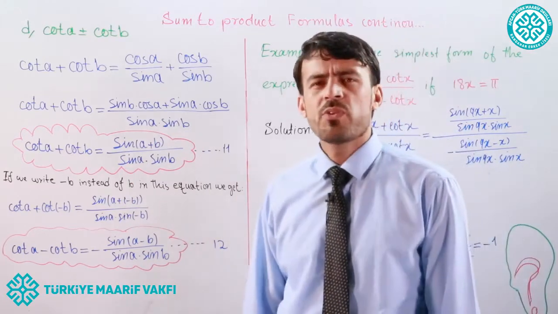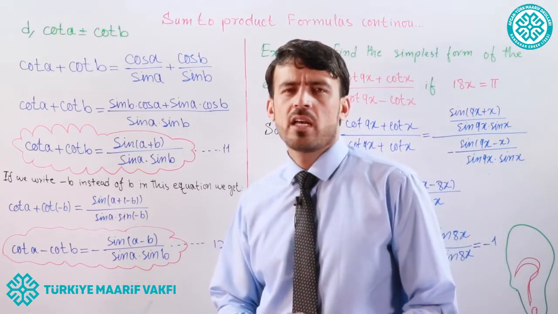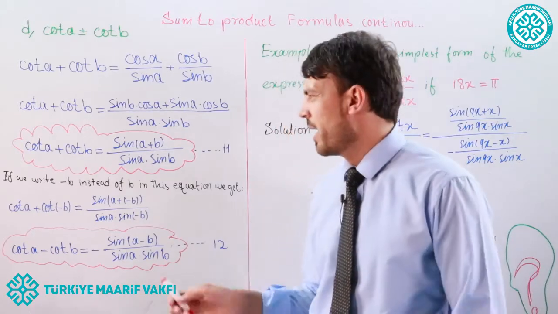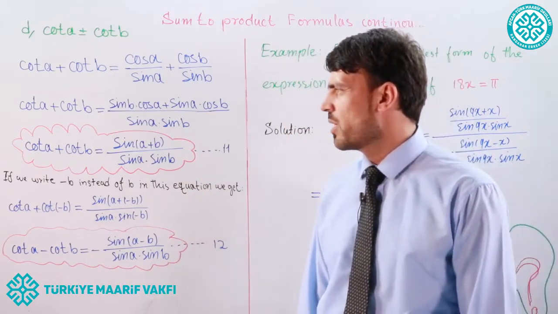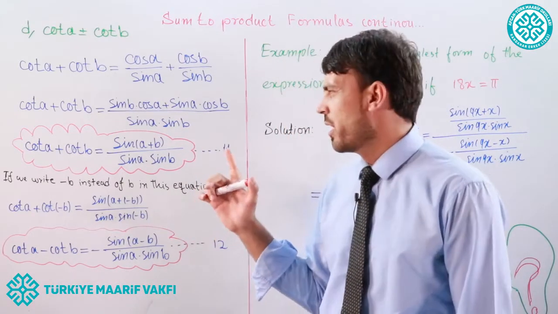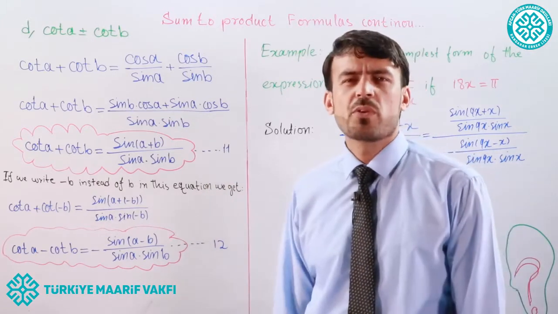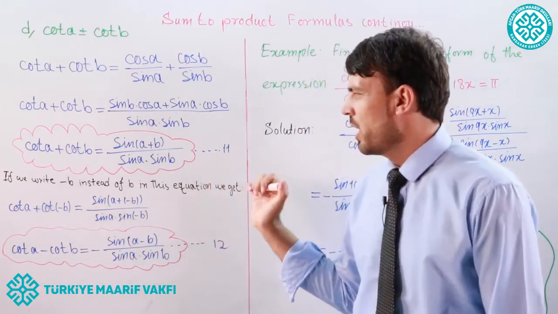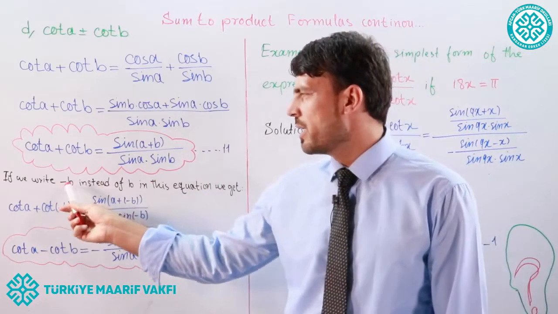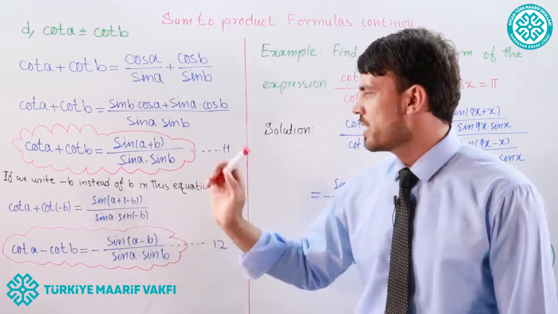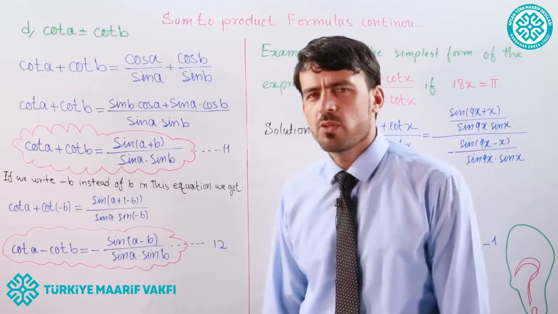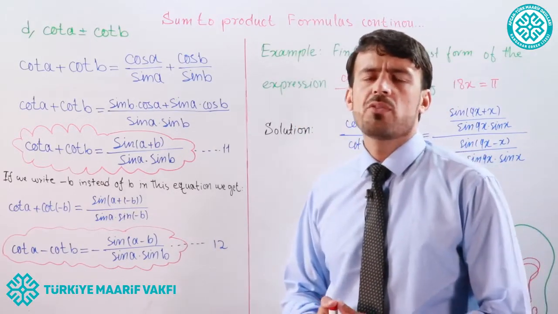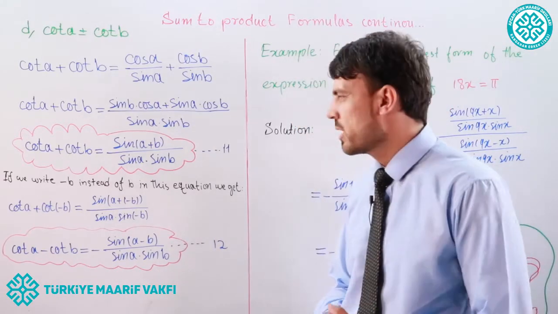This is our 11th relationship in these formulas, and this is the first form of the sum to product formula for the cotangent function. If we write minus B instead of B in this equation, what will we get? We will get another form of the sum to product formula for the cotangent function.